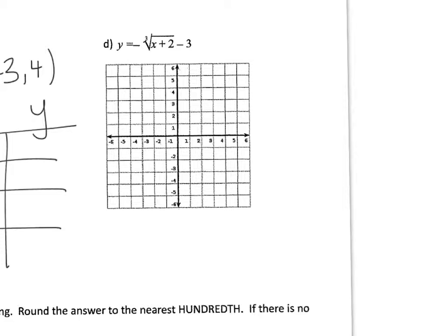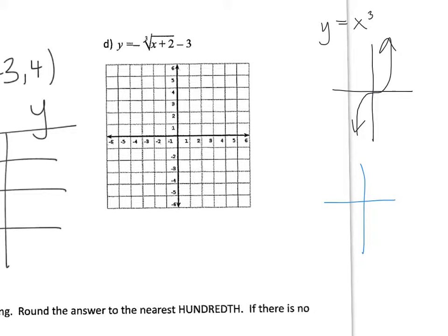Okay, D. So far these have been square roots, but here we have a cube root function. So y equals x cubed looks like this. The inverse of y equals x cubed is y equals the cube root of x, and that looks like this.